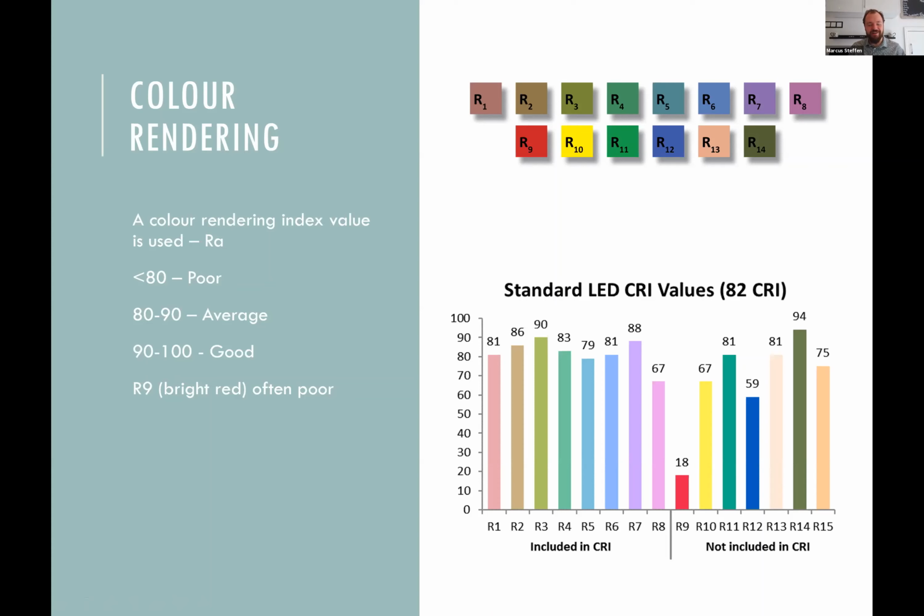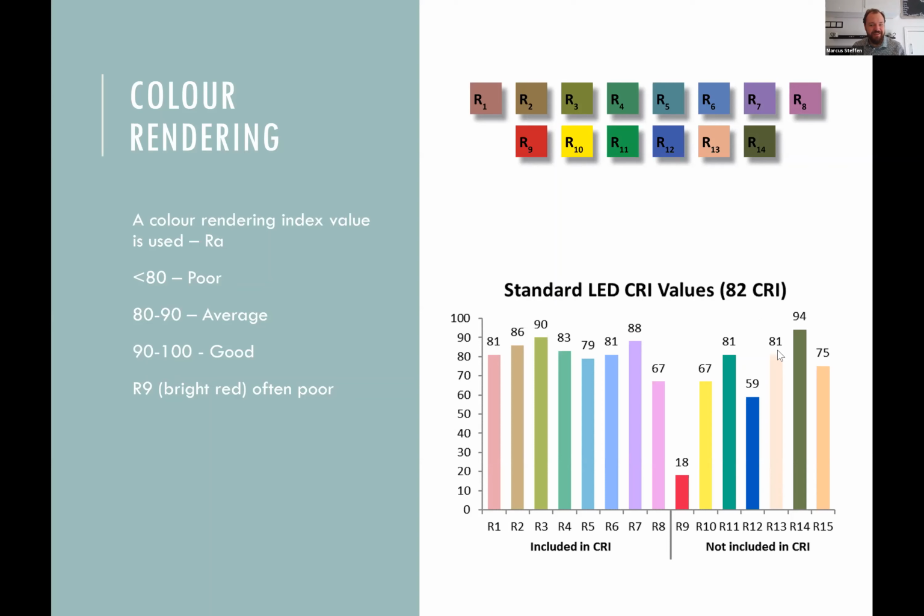So the R9 to the R15 values haven't been included. What you're getting is actually just an average of the first 8 colors. This was determined because of fluorescence, and they originally chose to do this because fluorescence didn't perform very well above R8. So it was chosen: we're going to do an average of the first 8 values.